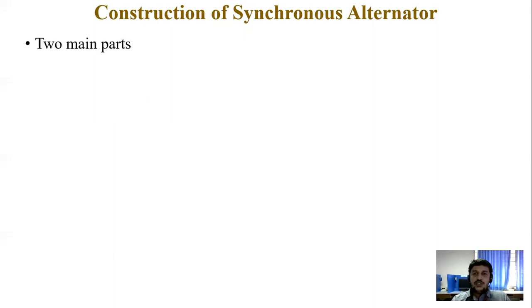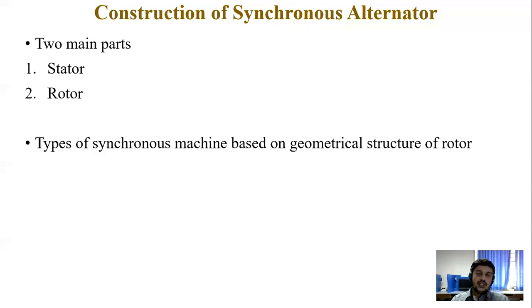A synchronous machine generally consists of two parts, similar to all other machines. The first part is a stationary part, which is termed the stator. The second part is a rotating part, which is termed the rotor. The types of synchronous machines are generally based on the geometrical structure of the rotor.